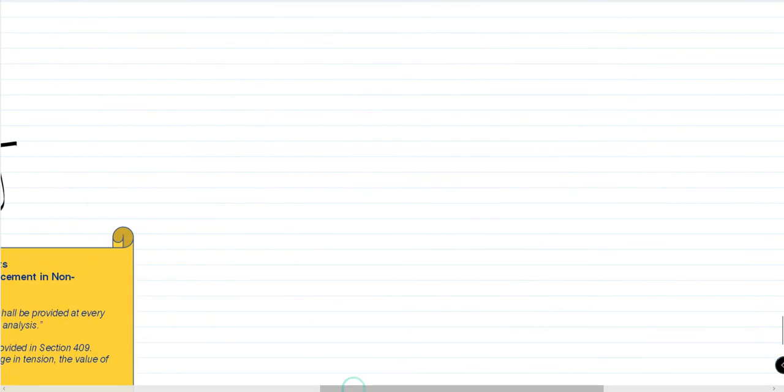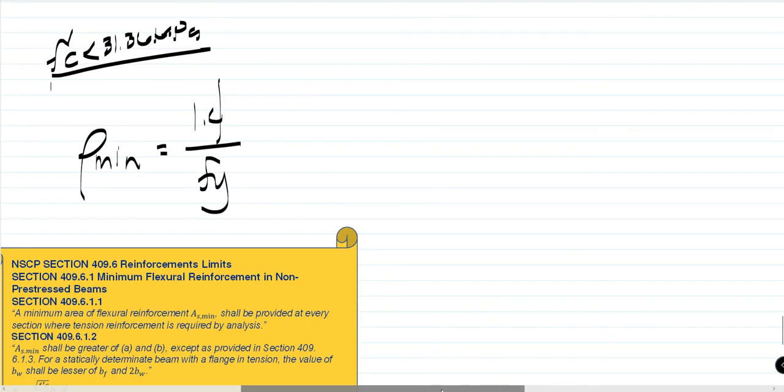So from this one, we can check kung papasok yung equation natin or yung raw minimum natin. So that is 1.4 over 420.